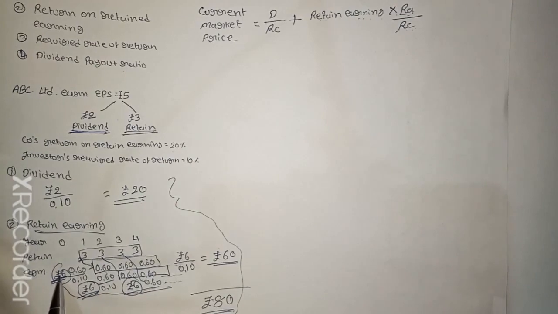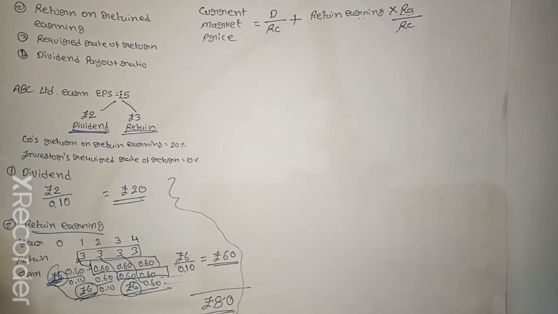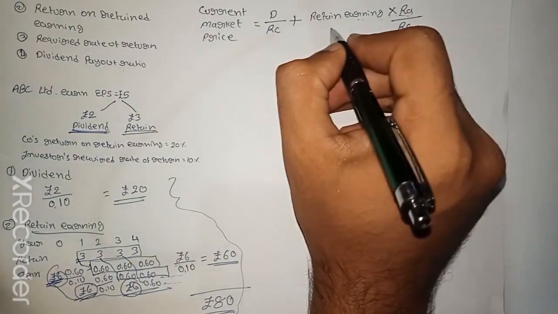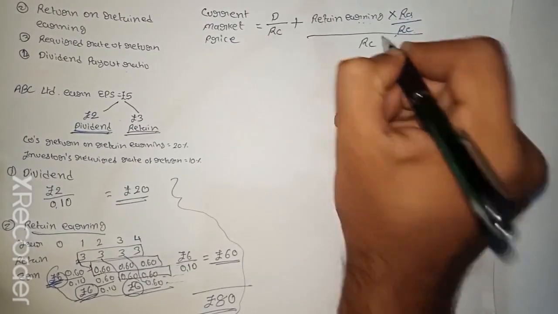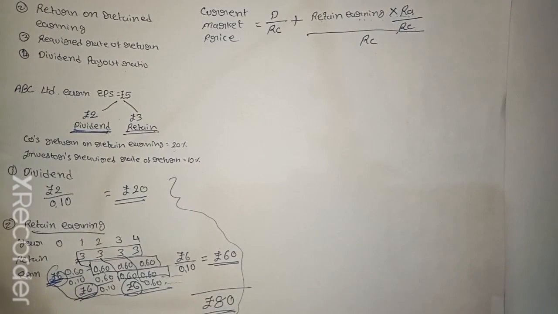So we get rupees 6, but it is perpetual. So we need to capitalize it by the required rate of return.